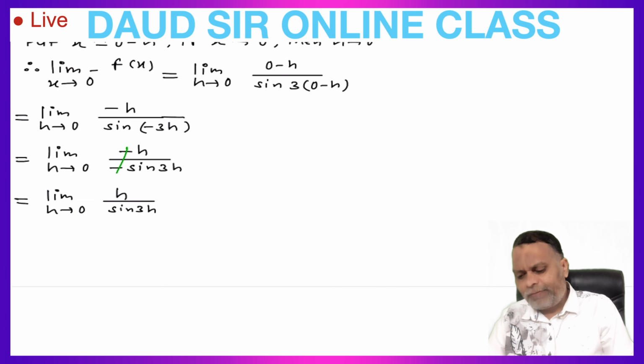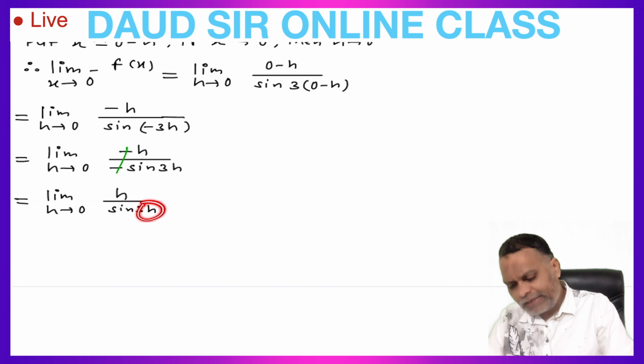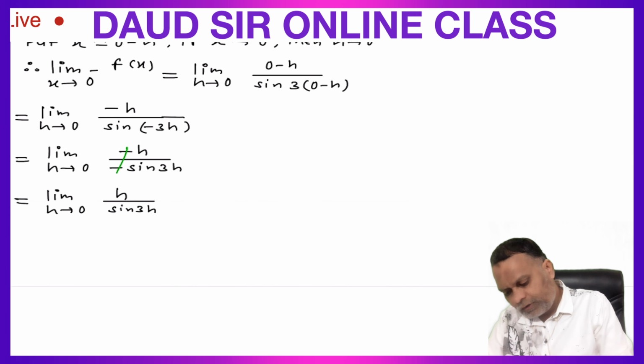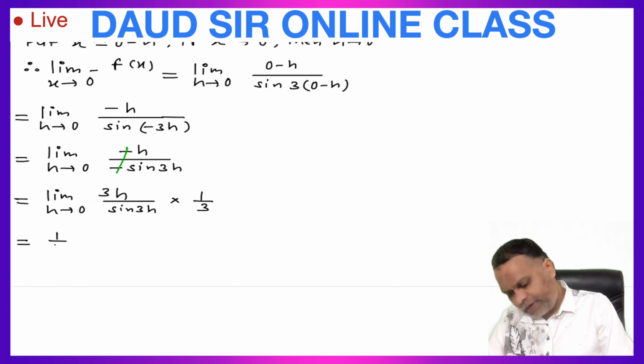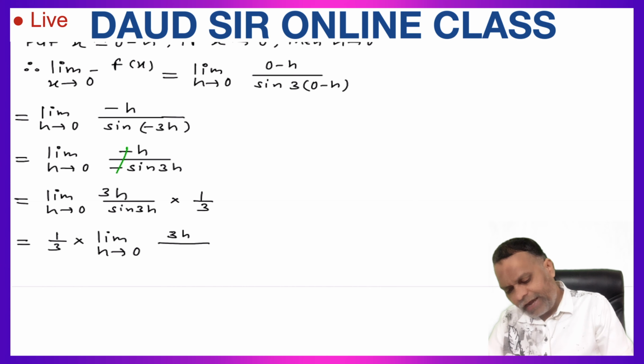Here for making the limit, the angle is 3h, here h only, so we can multiply and divide by 3. So this is 3 into 1 upon 3. Now write this 1 upon 3 outside the limit. 1 upon 3 into limit h tends to 0, 3h upon sine 3h.